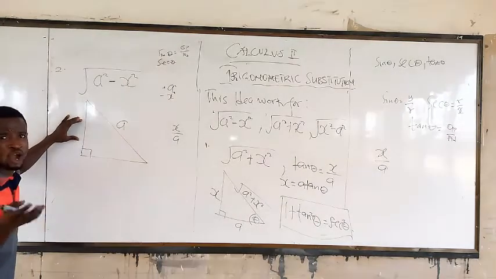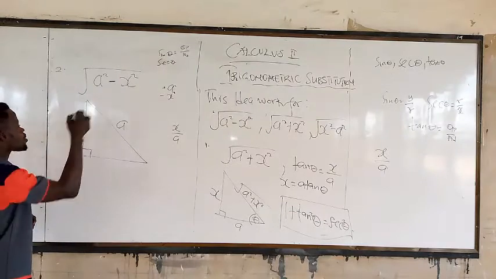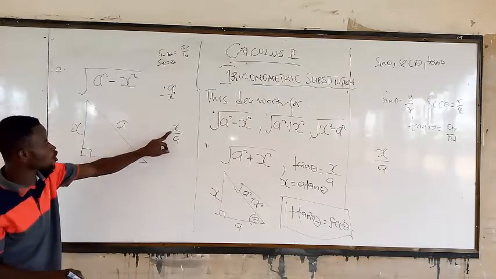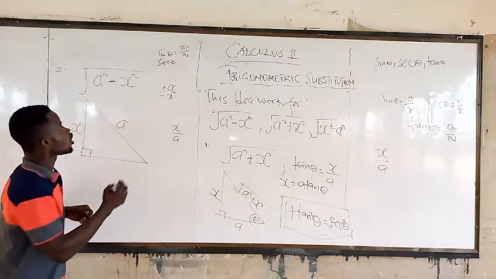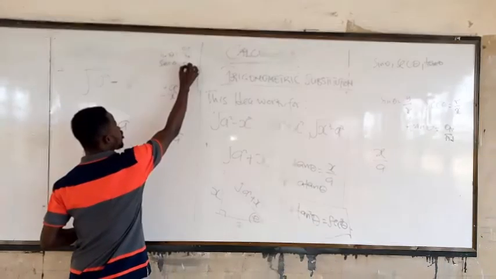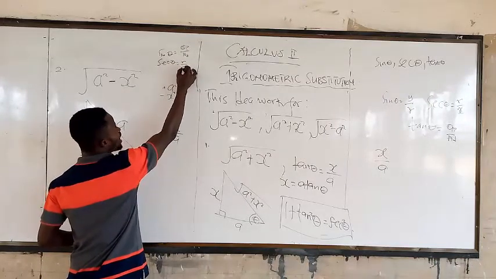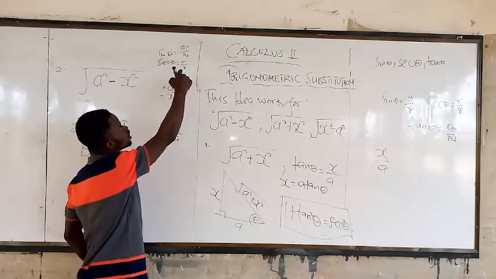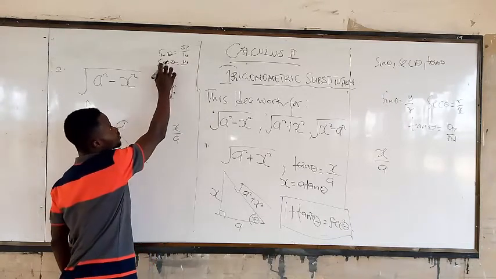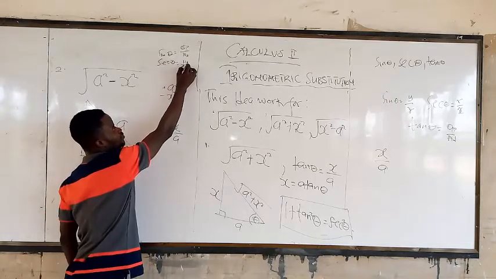How can we see that? Because if the opposite is X, then we are going to get S over A. Okay, let's try sec theta, which is R over X, or hypotenuse over adjacent.